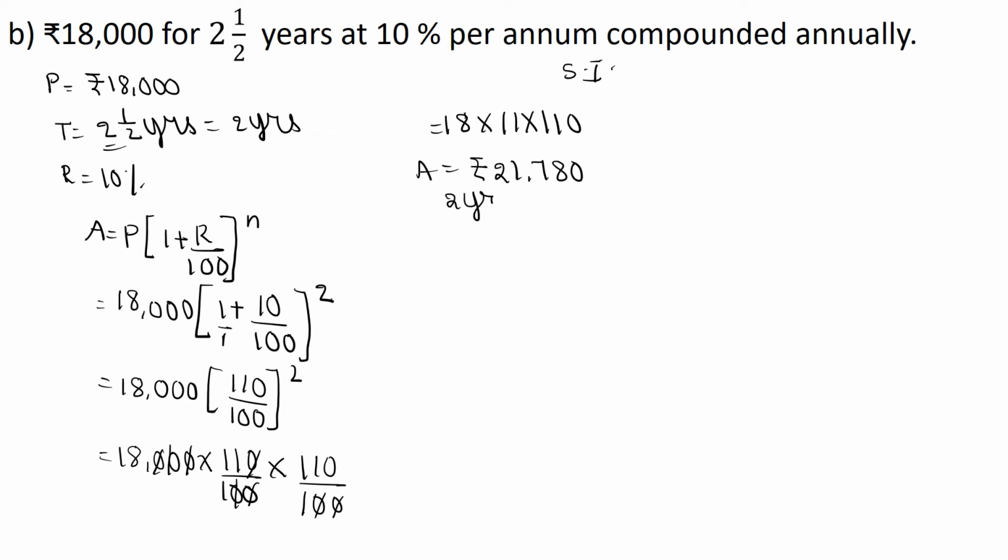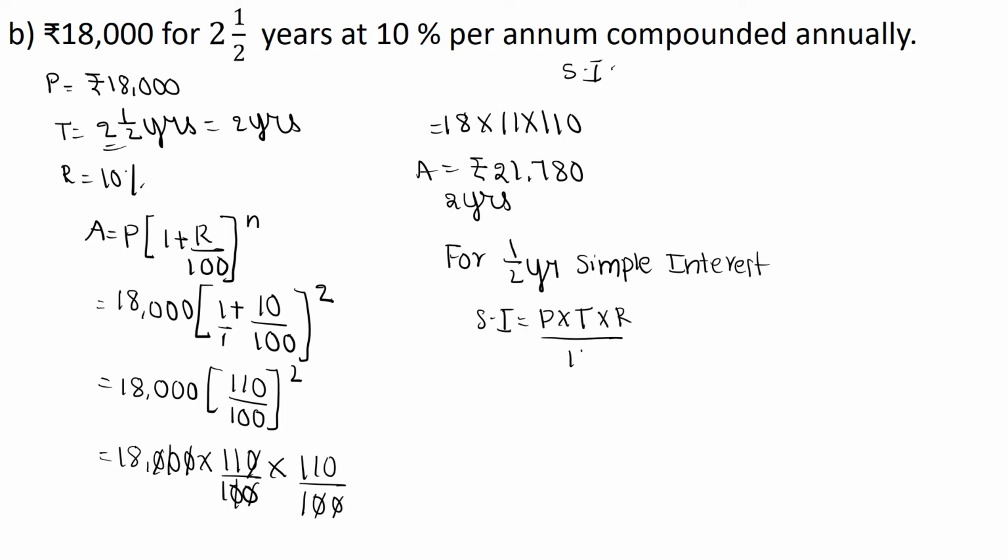We also have another half year. For that half year, simple interest. Simple interest formula: P into T into R by 100. Here principal won't be 18,000.